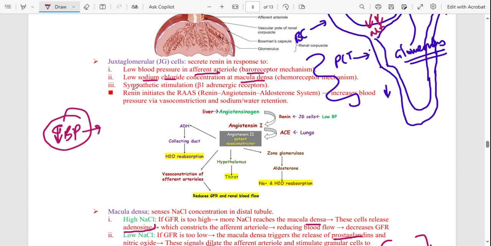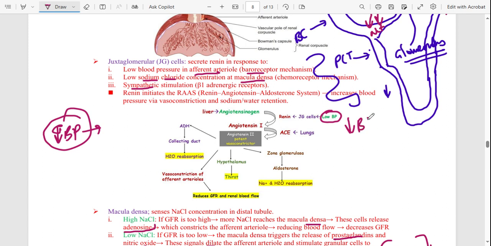And then the sympathetic stimulation can also happen via the beta 1 adrenergic receptors directly. With all these stimuli, the juxtaglomerular cells are going to release what we call renin. So when does renin get released? When there is low BP. Look at this.